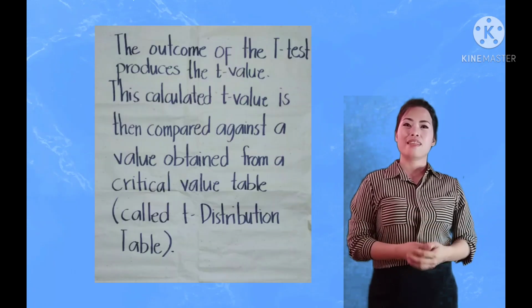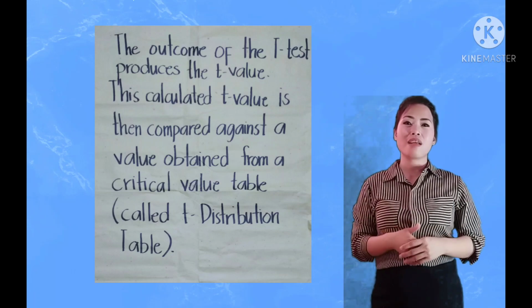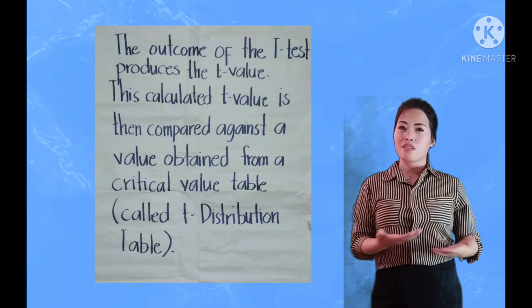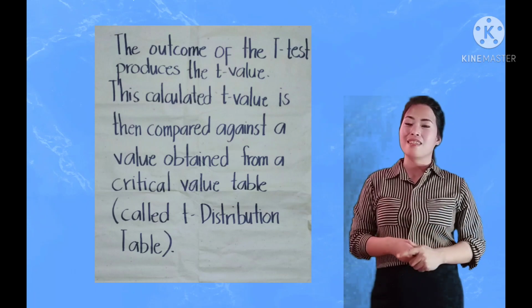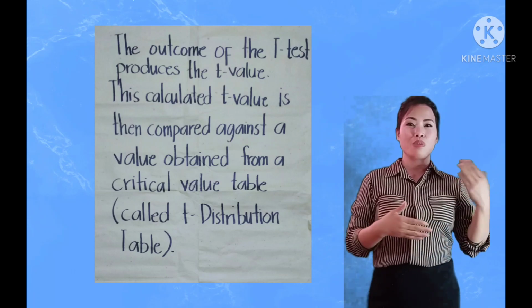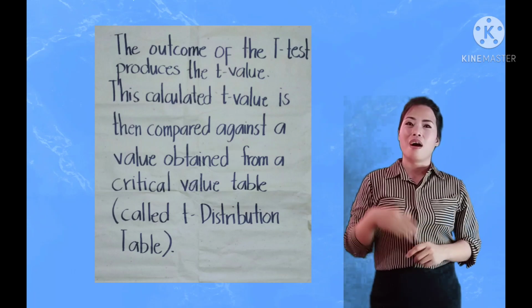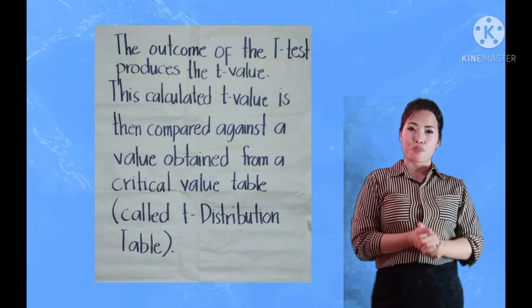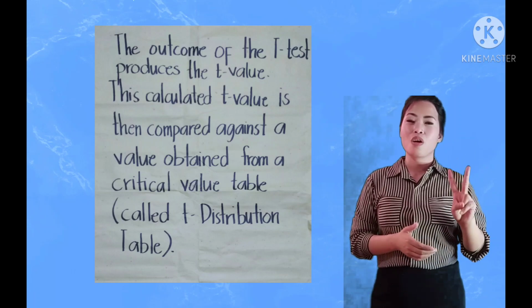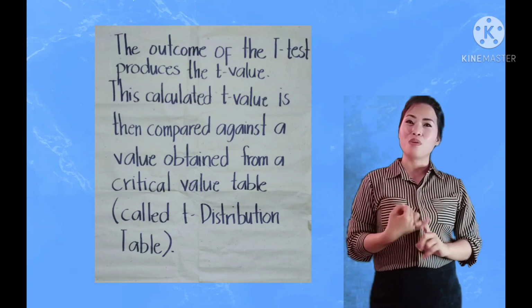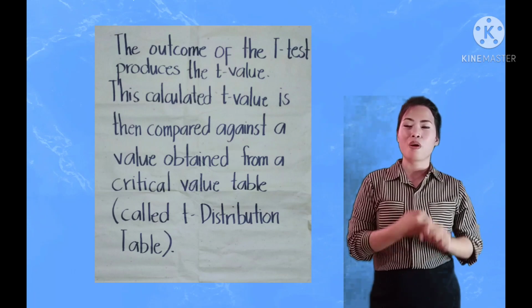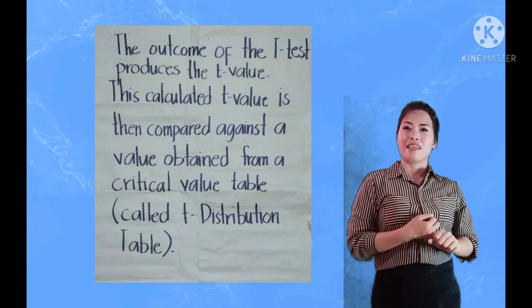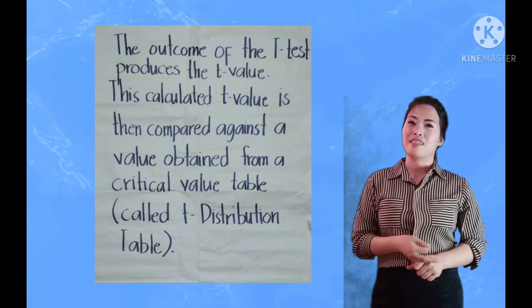To obtain the critical value, we need to solve first for our degrees of freedom. After that, we can use the degrees of freedom and the probability value in the t-distribution table.